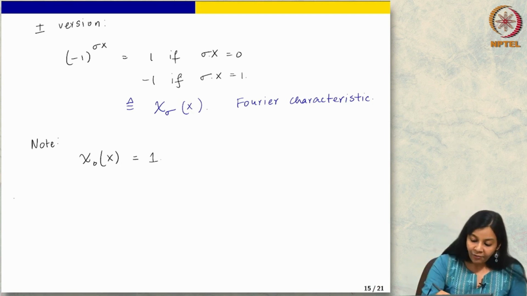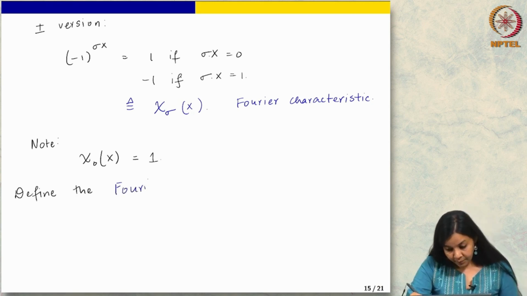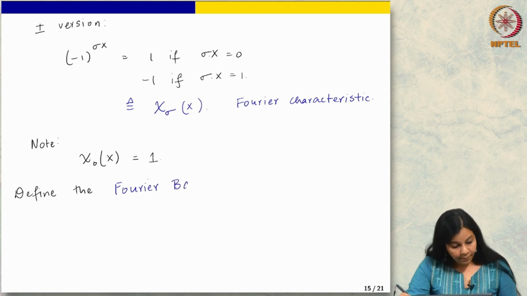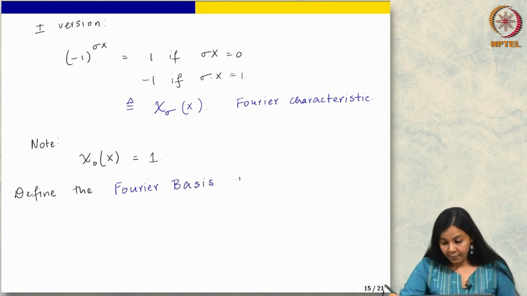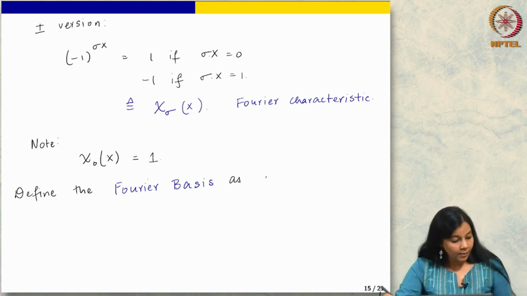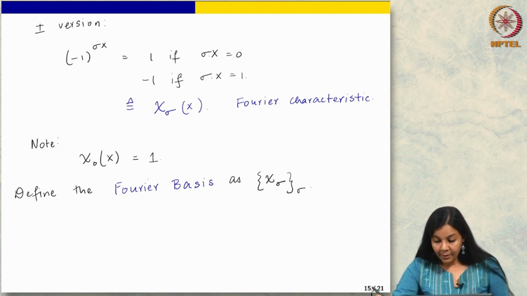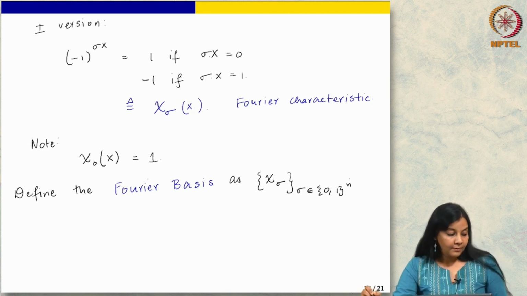So, let us define the Fourier basis as chi sigma, where sigma is in {0,1}^n.